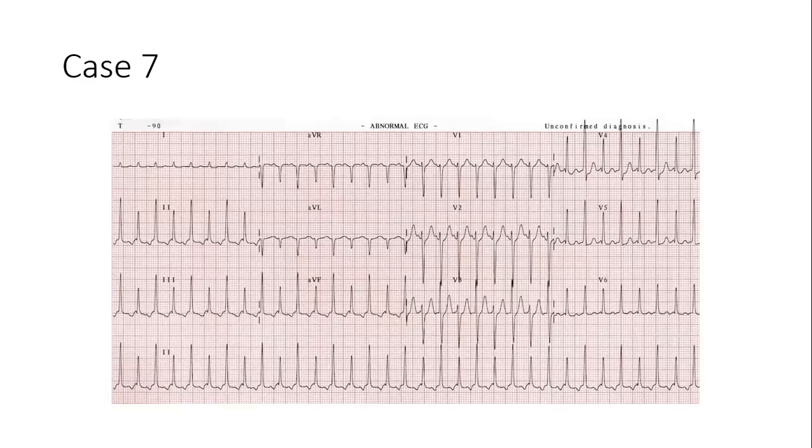Why is it important to use synchronized cardioversion versus defibrillation? If you do not synchronize the shock and you give the depolarization during the repolarization phase, that is your T wave, you have what you call an R on T pattern. That will push your ventricle into ventricular fibrillation.